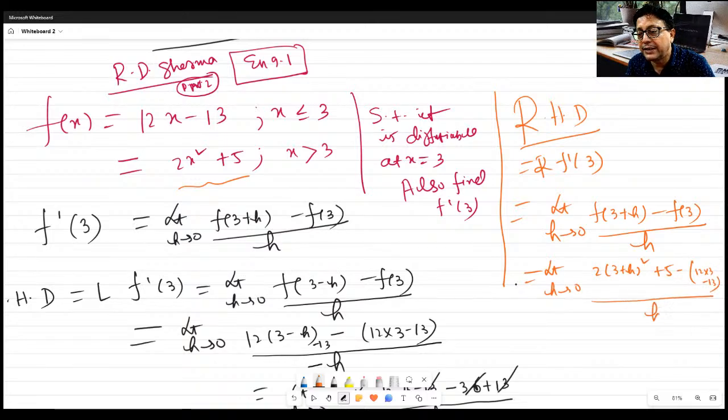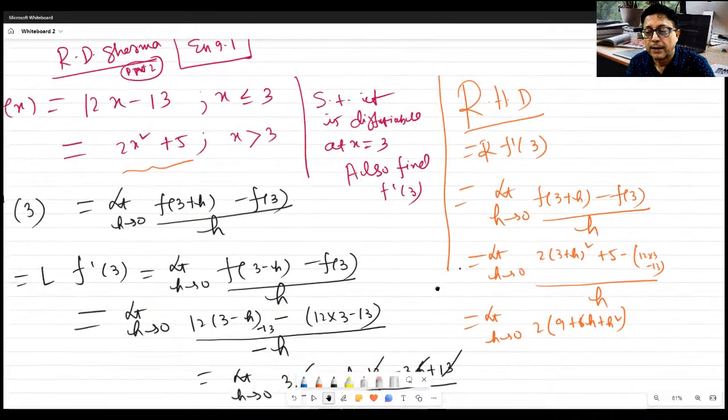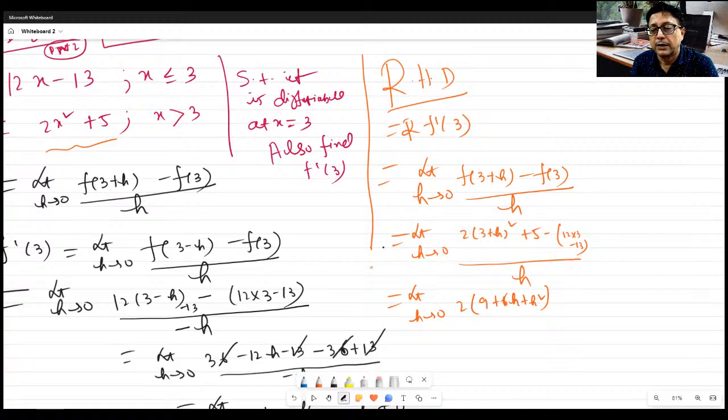This divided by h. 2 into 9, 6h plus h square. Okay? This minus, plus 5 minus 23 by h. 18 plus 5 and minus 23 get cancelled.